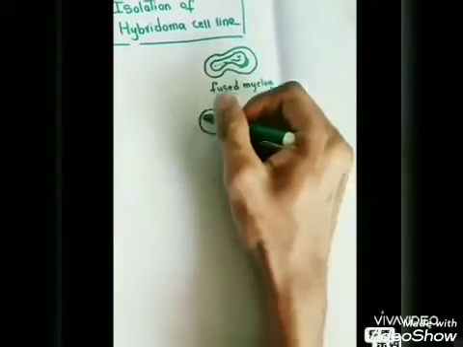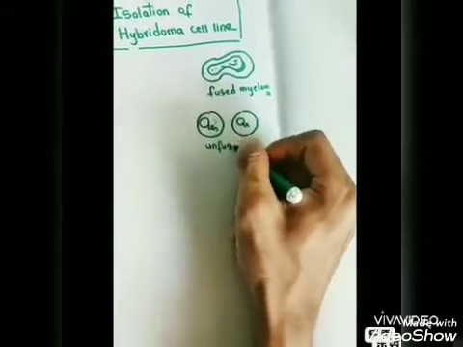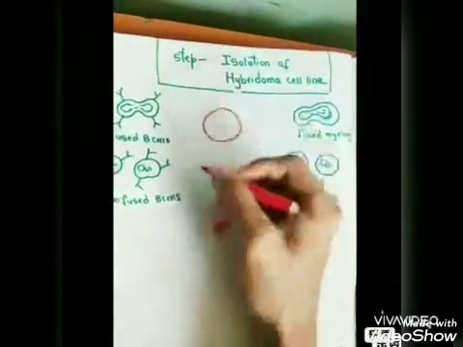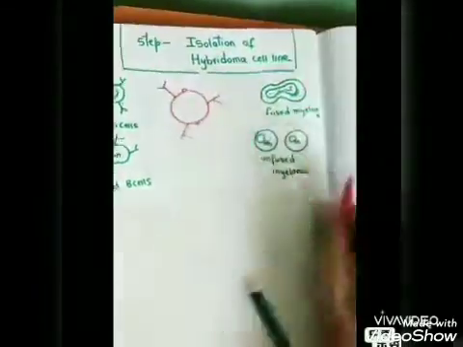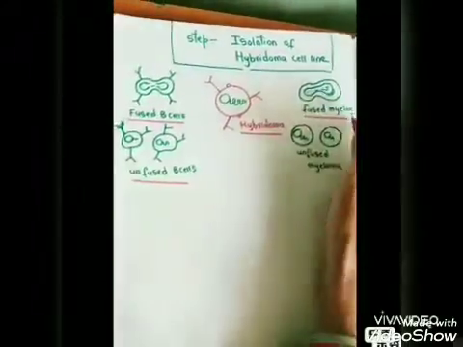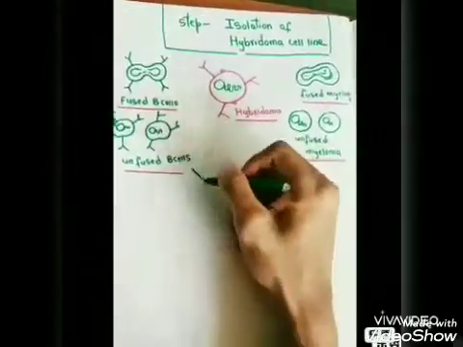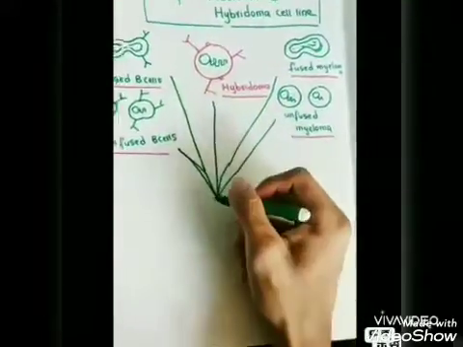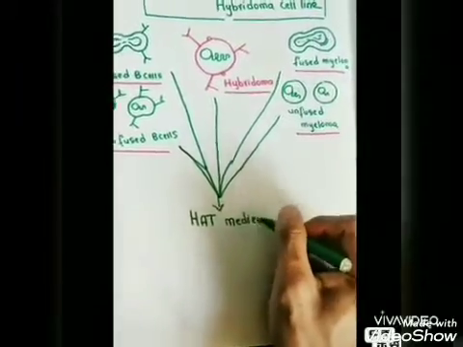And also you have the unfused myeloma cells. But we have hybridoma cells, which we want, because we have to isolate this hybridoma from the rest of the cell mixture. For this, you are going to put all these cells in one mixture called HAT medium.